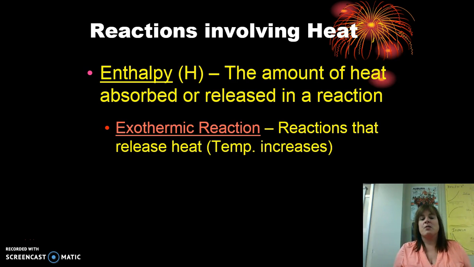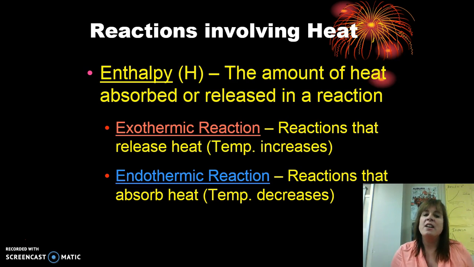Now, exothermic reactions are reactions that release heat. And when they release heat, the temperature of the environment, the surroundings, goes up. So if you have a heating pad that is a chemical reaction, the temperature goes up, and that's why it makes your hands warm. But there's also endothermic reactions, reactions that absorb heat or get cooler.